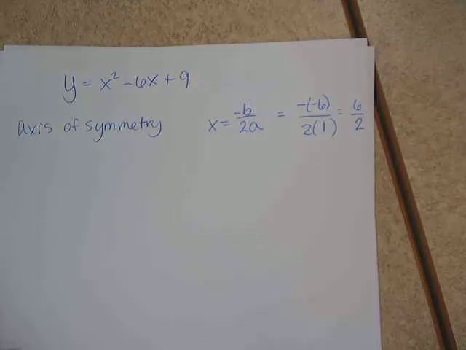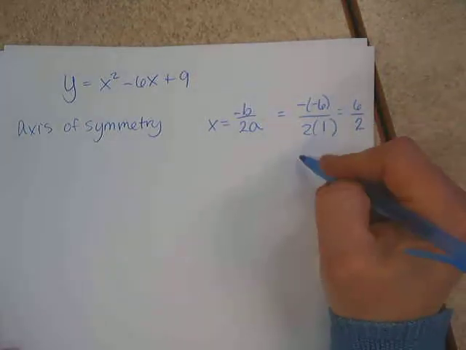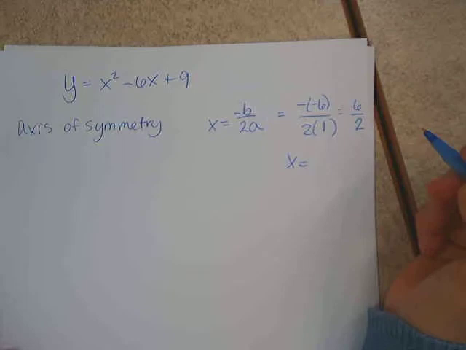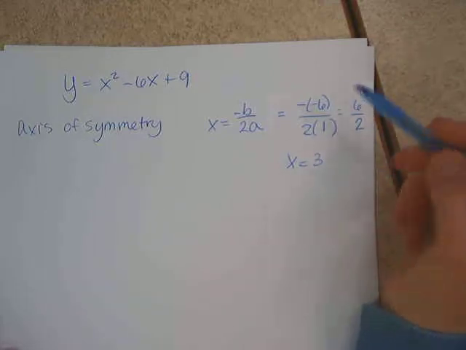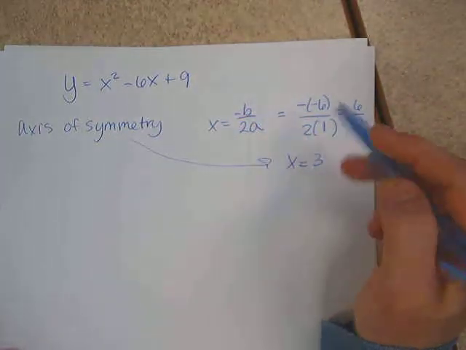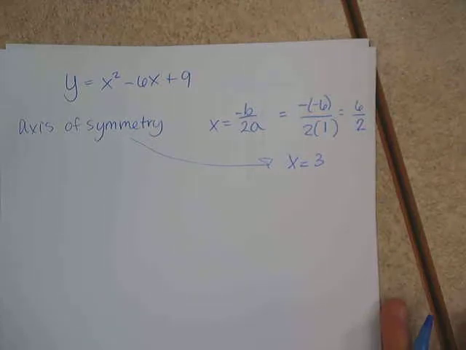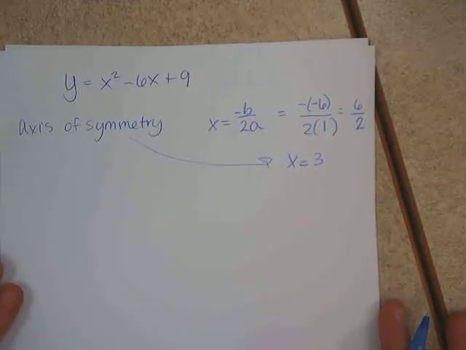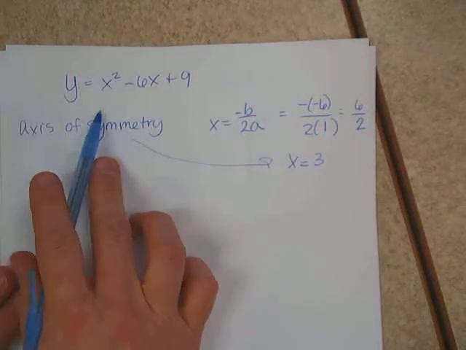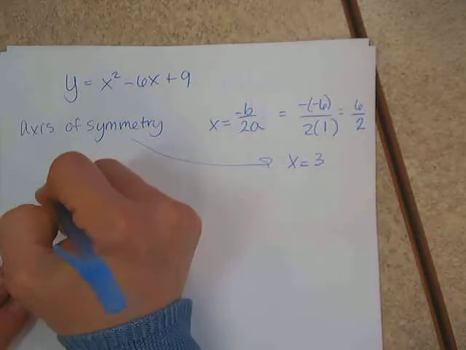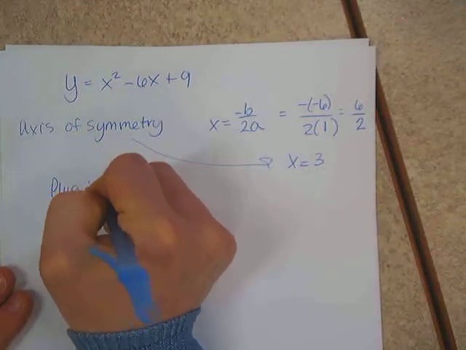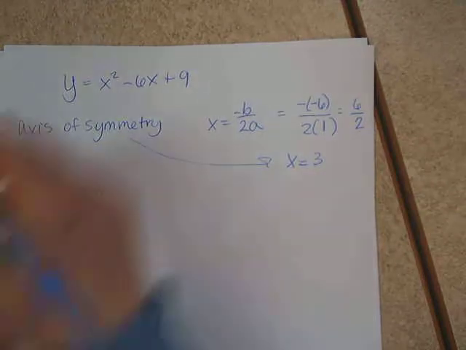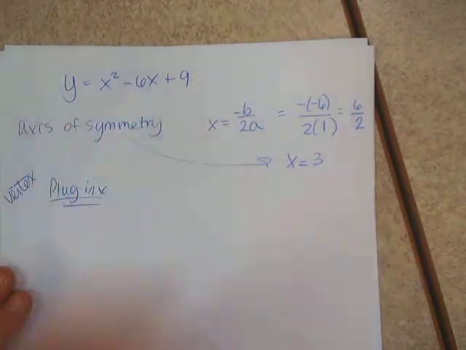A is 1, okay? So the next thing we need to do is simplify. So we have negative, negative makes positive 6 over 2. So what is 6 over 2? 3. So my axis of symmetry is the vertical line that crosses the x-axis at 3.